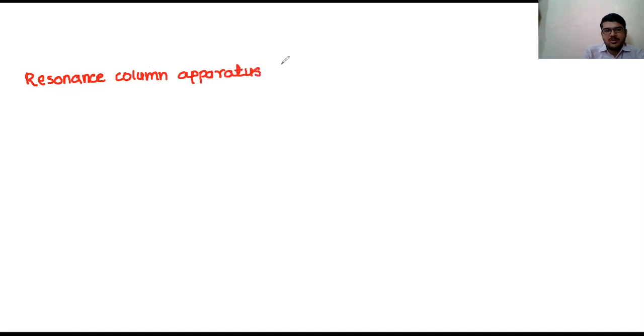Now let's move towards the next topic, that is velocity of sound. What is that? Velocity of sound. So, resonance column apparatus, and this is used to determine velocity of sound.